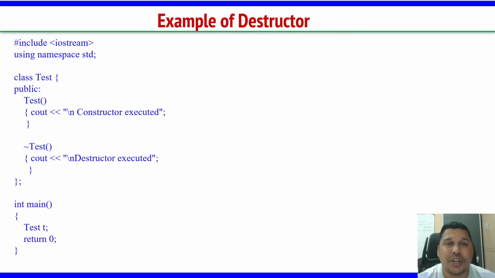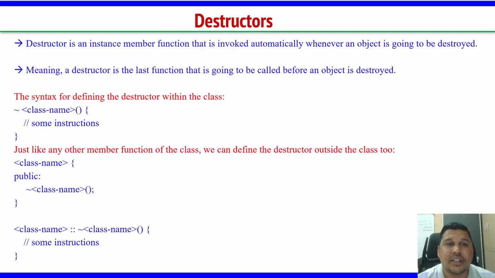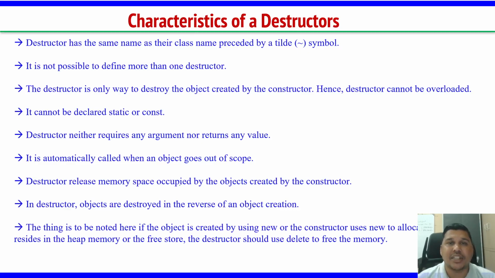If you summarize what we have seen in destructors, destructors are special functions which are invoked automatically whenever an object is going to be destroyed. We can define them inside the class or outside the class as well. There are some characteristics: the name of the destructor will be the class name, but preceded with a tilde symbol. It is not possible to define more than one destructor.